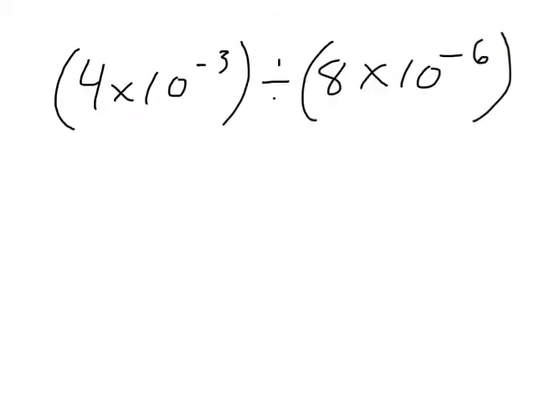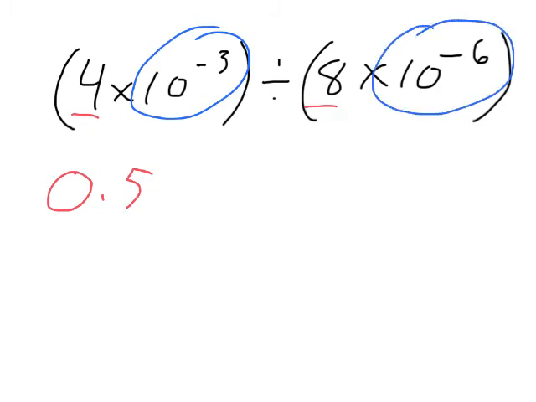Now we get to one that's much more interesting. I have here a factor of 4 being divided by a factor of 8. Well, 4 divided by 8, I'm going to write that as the decimal 0.5. And again, I have 10 to the power of negative 3 being divided by 10 to the power of negative 6.